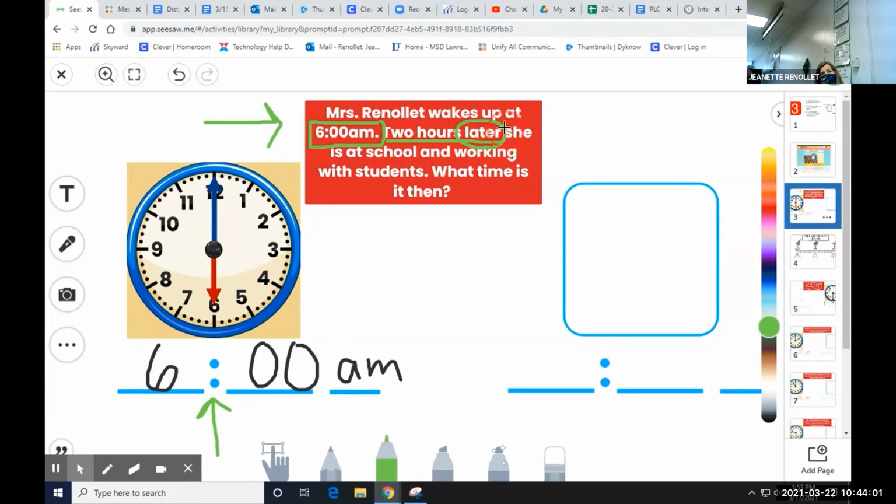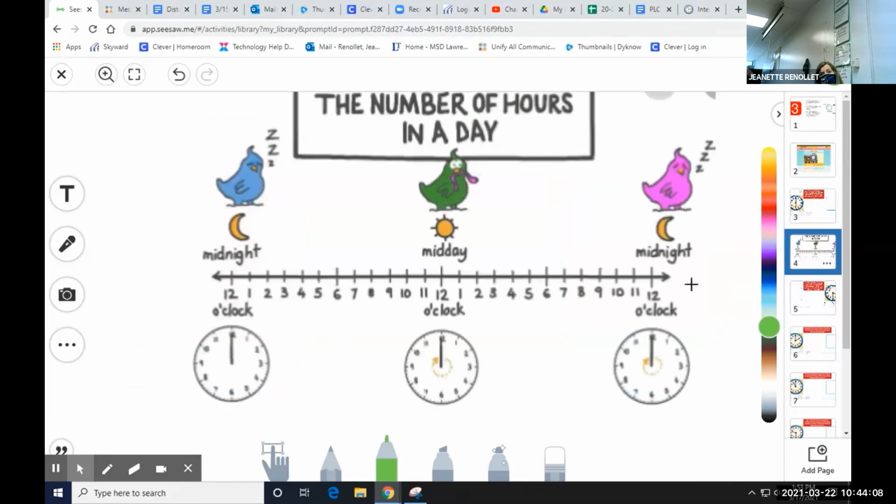This word later is important. It tells me that time is passing, that I'm moving forward in my day. We know that there are 24 hours in a day. That word later tells me I'm going to move forward to find what time it is now.